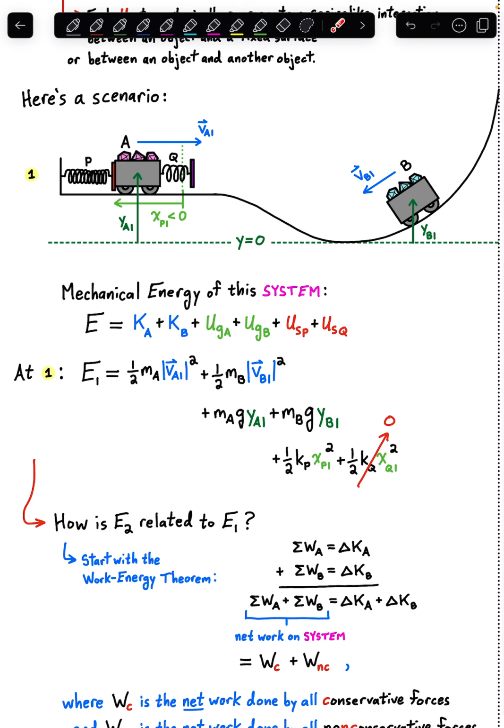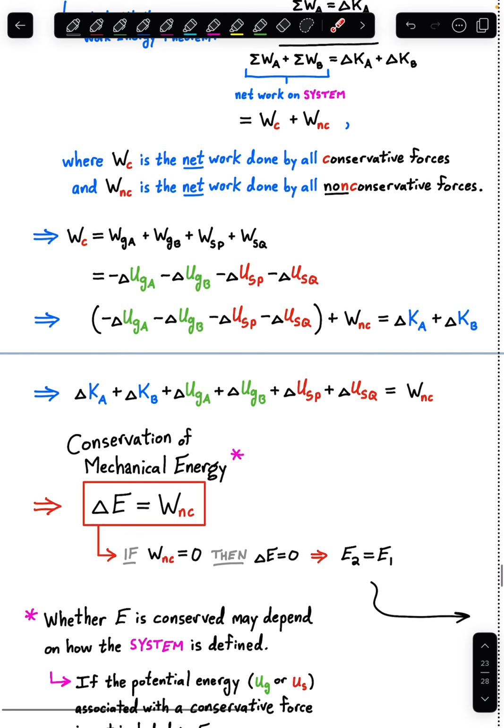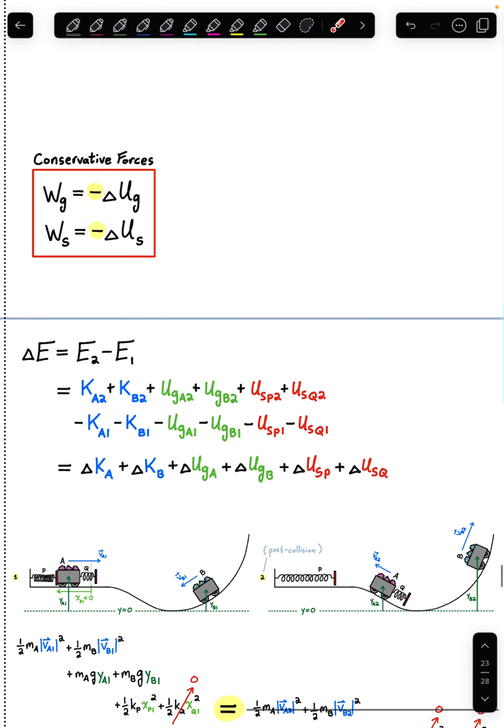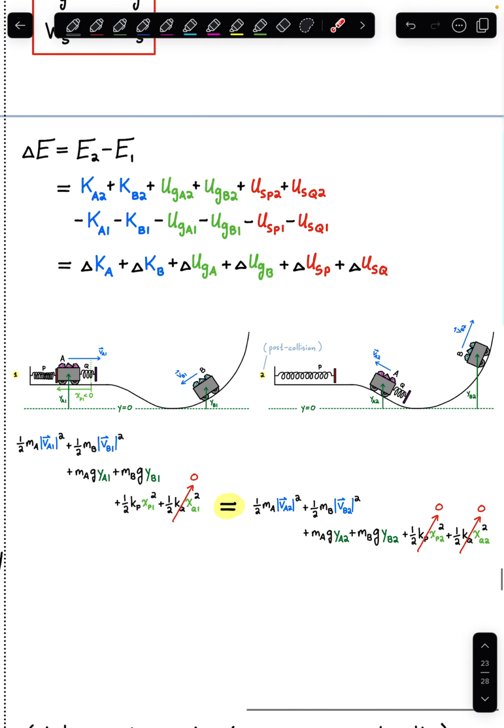Well, if no work was done by non-conservative forces during that time interval, then those two energies are equal, which would allow us to set our expression for the mechanical energy at moment one, at this instant, equal to the mechanical energy of the system at moment two, that instant. So all of this set equal to all of that, a valuable result that we could then use to potentially solve for something here that was an unknown.